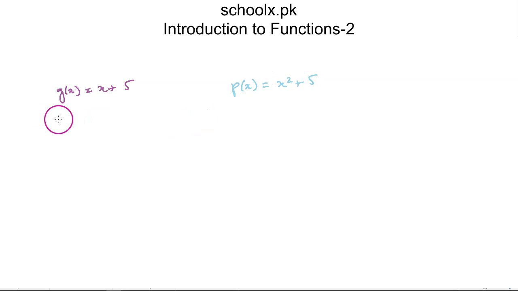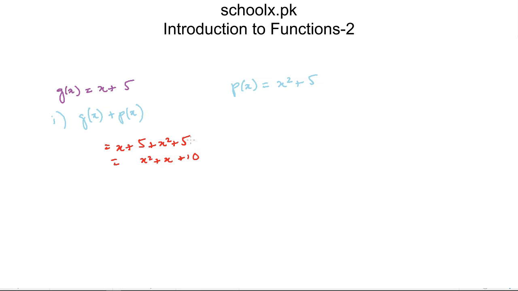Now if we are asked to add them up, for example, g of x plus p of x, our answer will be simple. x plus 5 will add them up, plus x squared plus 5. This will give us x squared plus x plus 10.